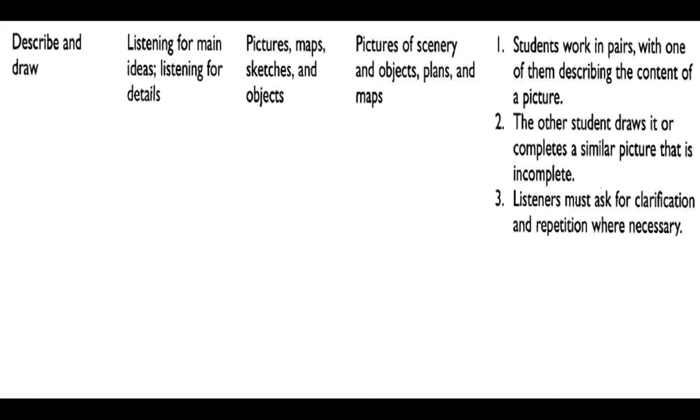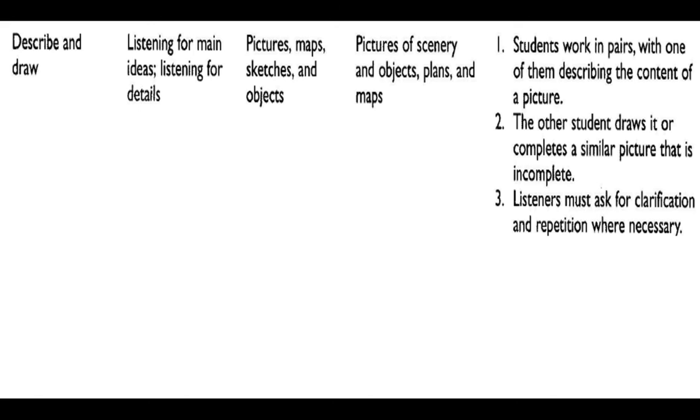All right. And then, so the first step, I'm already excited just reading this. So the first step is that the students work in pairs with one of them describing the content of the picture. And then step two, the other student draws it or completes a similar picture that is incomplete. All right, so that's what we have.